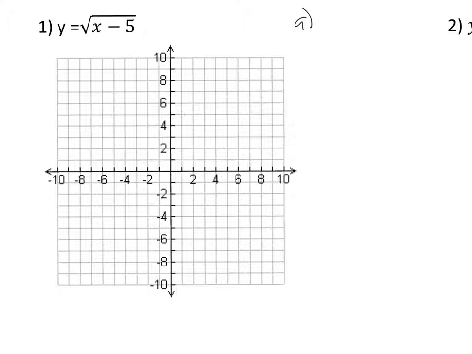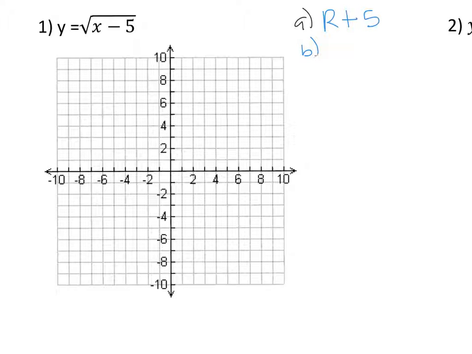It's on the outside if it's just adding or subtracting to the equation. Looking at this problem, the -5 is inside the radical. That means it's being square rooted. Inside is left and right, and inside is always opposite. So if it's a -5, that means it's actually going to be moving right 5.